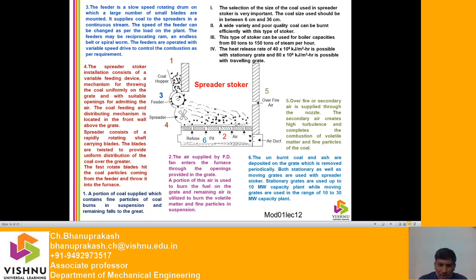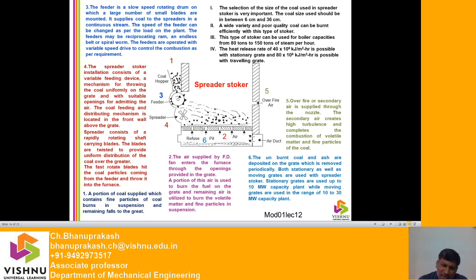There will be some unburned coal and ash deposited on the grate, which is removed periodically. Both stationary as well as moving grates are used. These are the moving grates. There are two types of grates: one is a traveling grate, another one is a fixed grate.